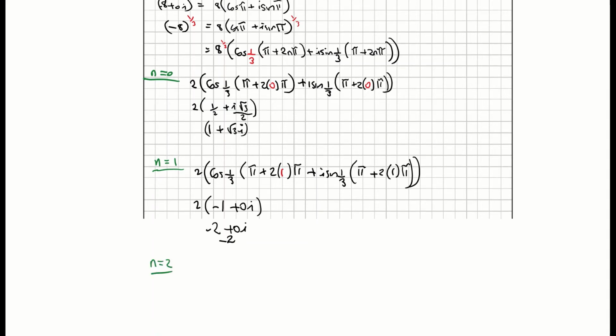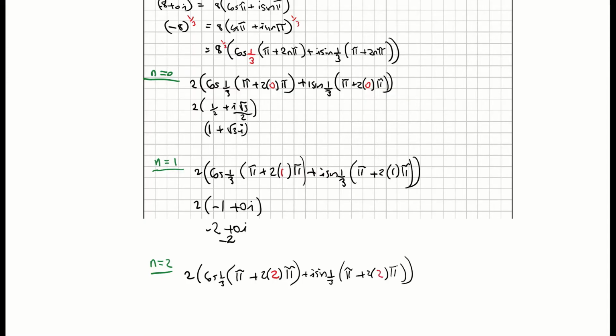So n is equal to 2, and I go through my motions again. So 2 multiplied by cos 1/3 times pi plus 2 multiplied by 2 this time, plus i sine 1/3 multiplied by pi plus 2 multiplied by 2.